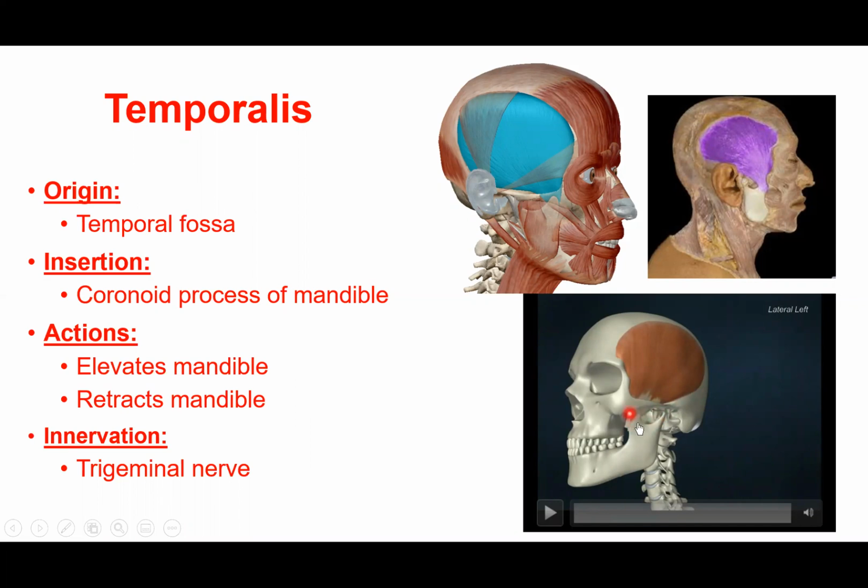It attaches to the more anterior pointy part, which is called the coronoid process. Its job, the job of the temporalis muscle, is to elevate the mandible and also retract the mandible, or pull it posteriorly. It is innervated then by the trigeminal nerve.